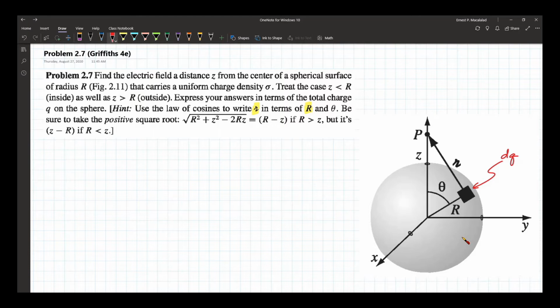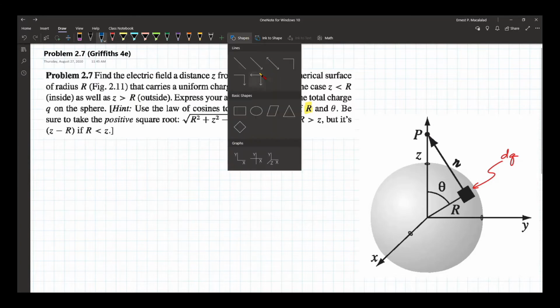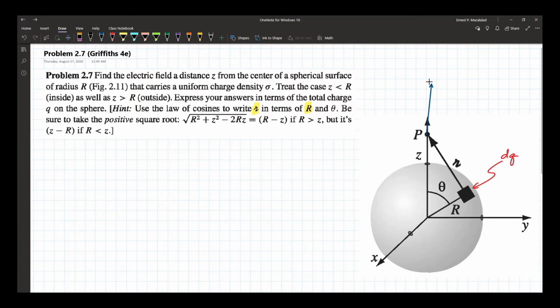So what does it mean? It means that we will only compute the z component. So the net electric field will just be pointing along the positive z direction. And that is very important.